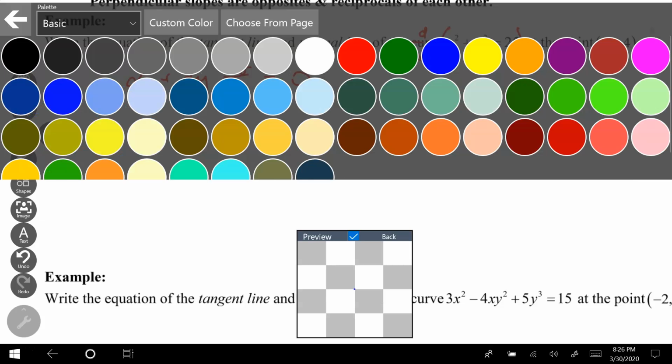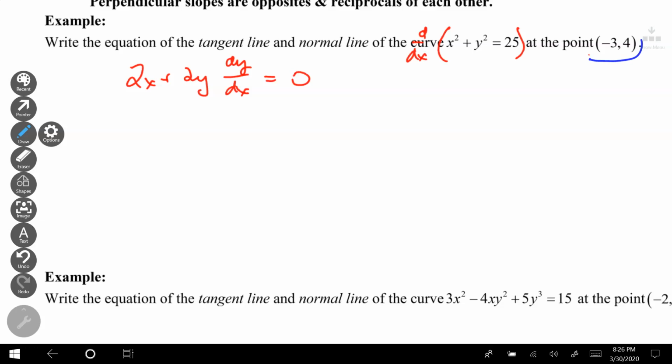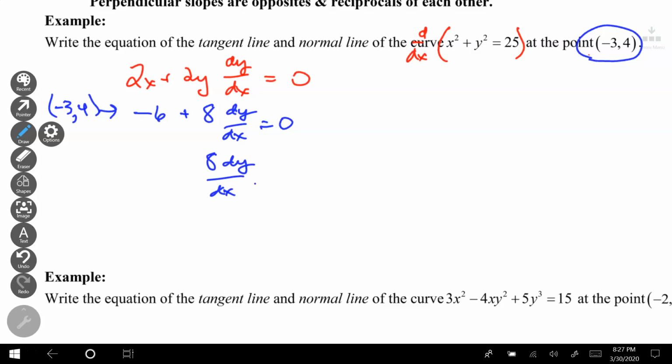And I'm going to change my color, and I'm going to plug in -3, 4 into this function. I get -6 plus 8 dy over dx is equal to 0. 8 dy over dx is equal to 6, or I get dy over dx is equal to 3/4.